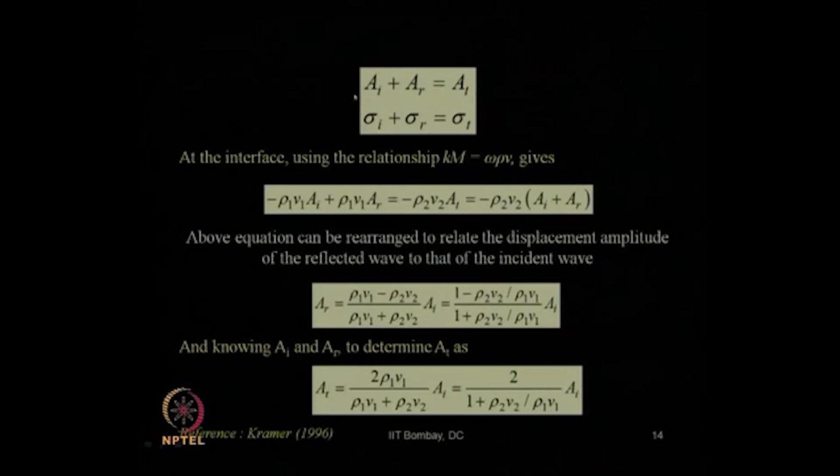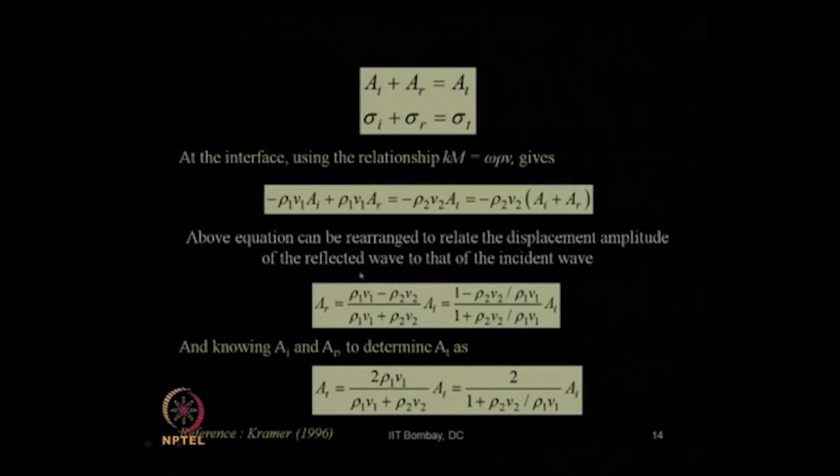In a similar form, this is from the displacement compatibility relationship, and from the equilibrium of stress relationship, we get the amplitude of the incident wave plus the amplitude of the reflected wave equal to the amplitude of the transmitted wave. Now, at the interface, using the known relationship, by putting the values of AI and AR with AT, we will get this relationship.